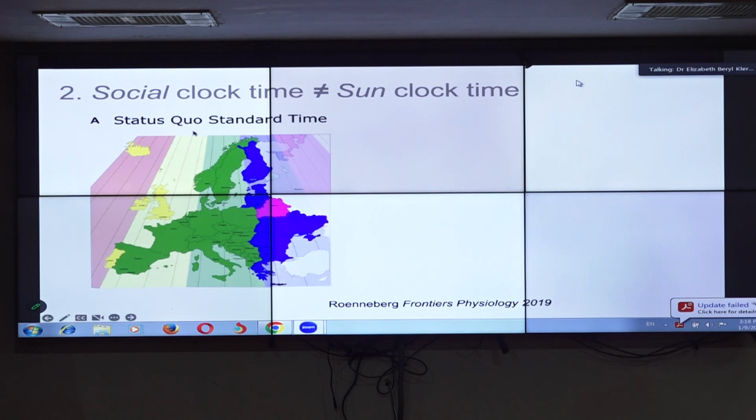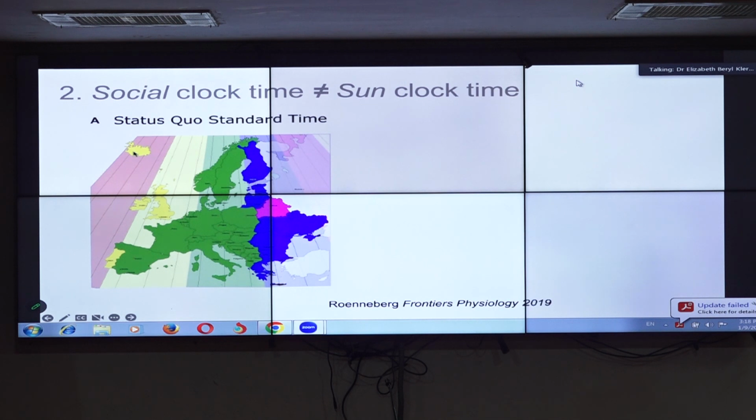So if we look at actual sun time by longitude, that's the background color: pink, yellow, light green, light blue, or purple. If we look at the time zone for each country, you can see that some countries have chosen to be in, quote-unquote, the right time zone for the light levels. But some are in the wrong time zone. For example, France and Spain, but not Portugal, are in the wrong time zone given the light levels.